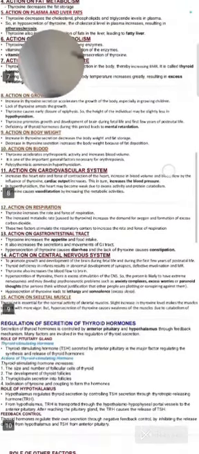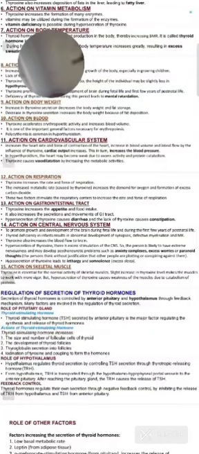Now the action on the respiratory system. Again, the thyroxine hormone is responsible for the increase in the rate and force of respiration. The increased metabolic rate, which is caused by the thyroxine hormone, increases the demand for oxygen as well as the formation of excessive carbon dioxide.